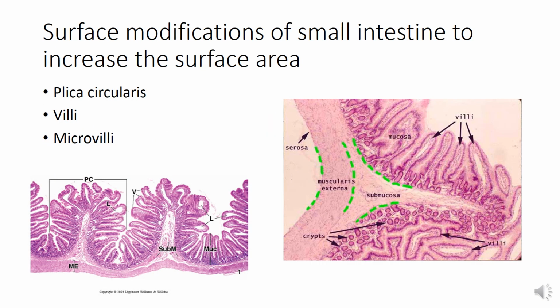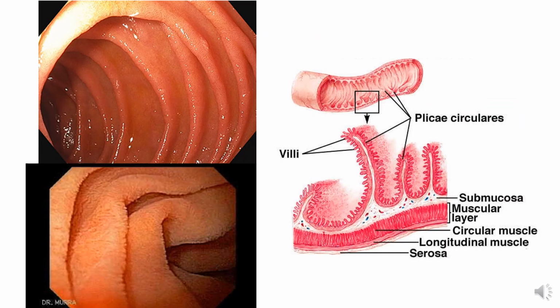The mucosa of the small intestine has macroscopic and microscopic devices for increasing the surface area available for digestive and absorptive function. These devices include the plica circularis, the villi and the microvilli. So here you can see the plica circularis.